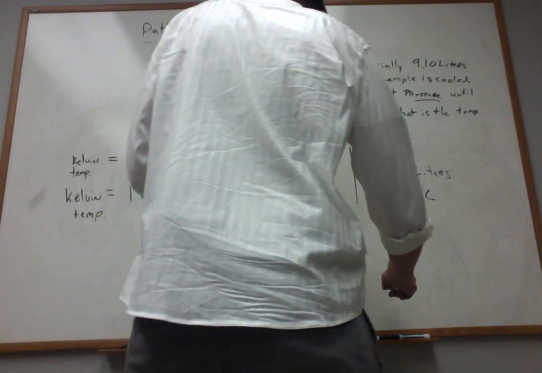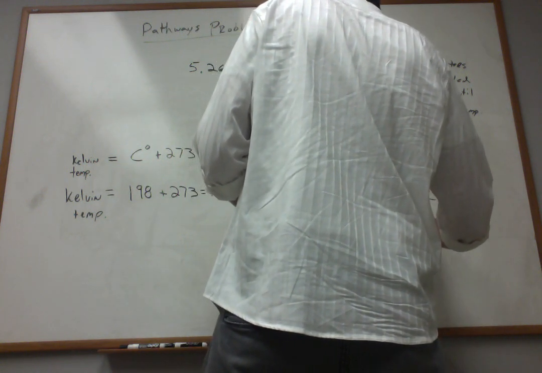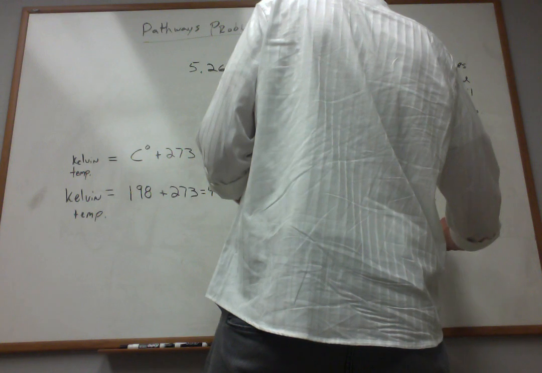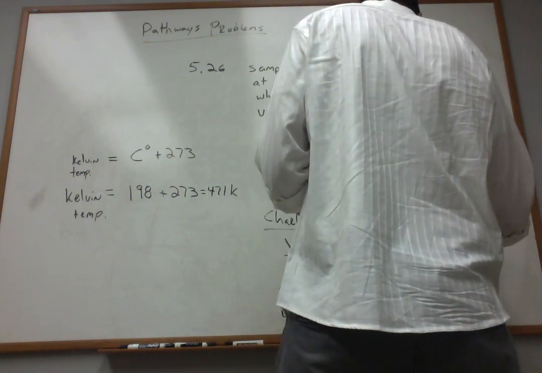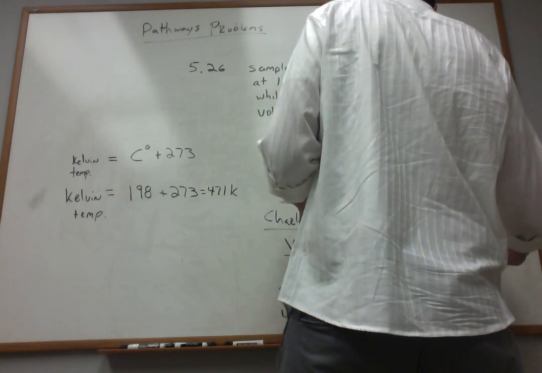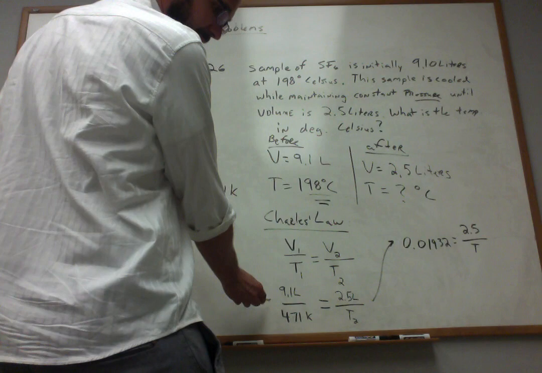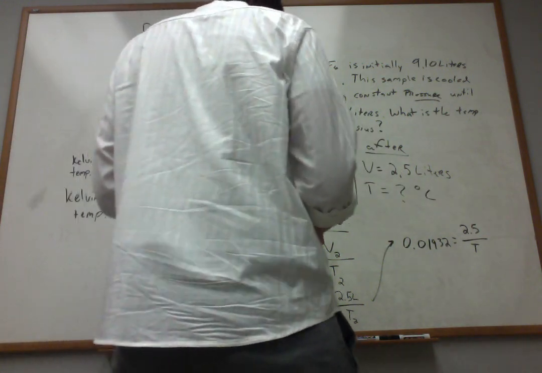So if I do the math here, if I do the division on the left side, I get 0.01932. That ratio is equal to 2.5 over my T. All I did is do this division right here and keep the right side the same.